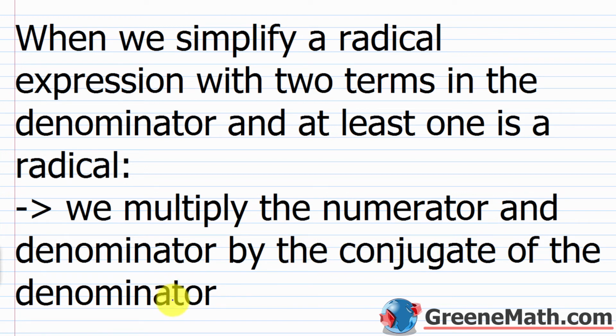The reason that's going to work is you're setting up a scenario like this: A plus B, that quantity, times A minus B, okay? You have the same terms in the first position of each. You have the same terms in the second position of each. Your difference is the sign.